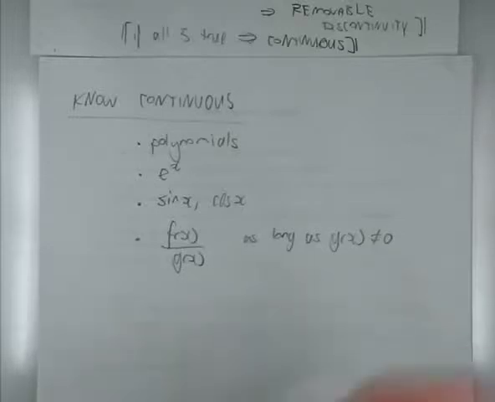So when you get given a problem and you're asked to discuss the continuity of this function, you can look at it and go, well, here it's a polynomial, here it's a polynomial, here it's a rational function. They're all continuous. I only have to worry about the bits where the bottom is 0, basically.